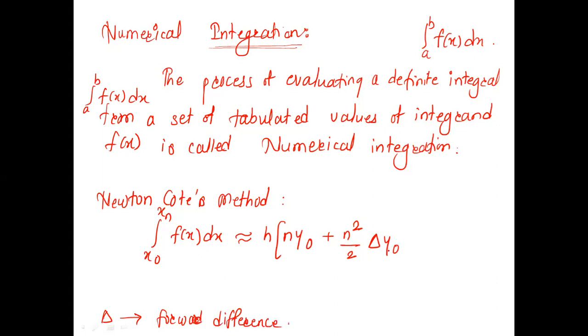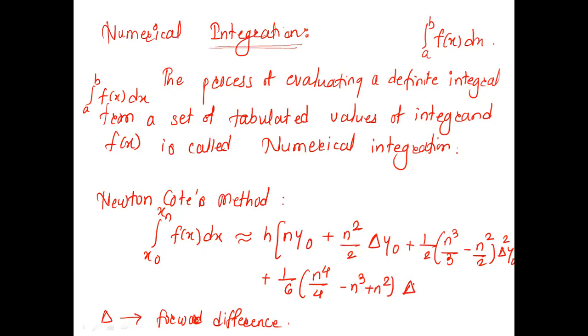So n square by 2 delta y naught plus 1/2 into (n cube by 3 minus n square by 2) into delta square y naught, plus 1 by 6 into (n raised to 4 upon 4 minus n cube plus n square) into delta cube y naught, plus so on. Okay, this is the formula.